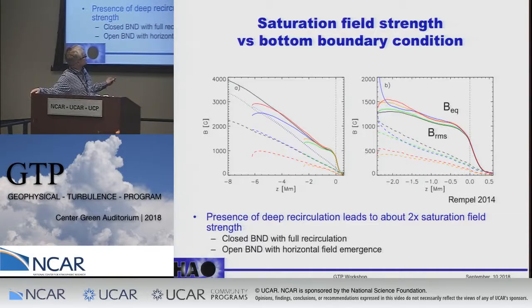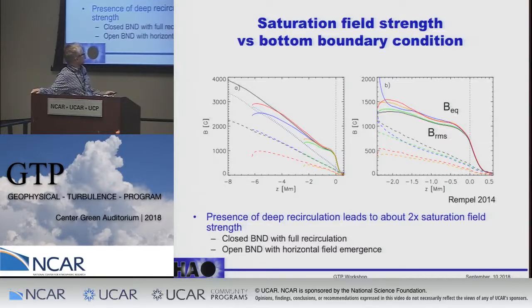Here I show the vertical profiles of equipartition field strength in these runs, as well as the RMS field strength when the dynamo is saturated. If you use bottom boundaries which do not allow for deep recirculation, typically the field strength is about half of what it is when you allow for deep recirculation.